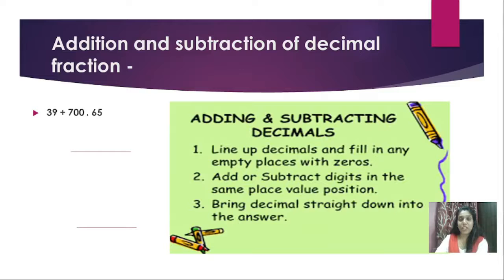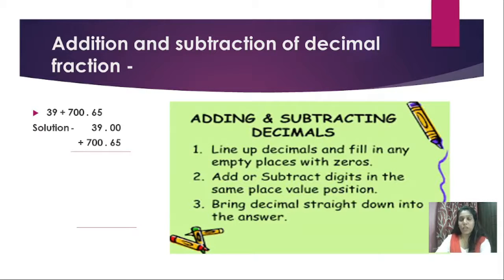Now let us see addition and subtraction of decimal fractions. You have done this also. So let us take the numbers 39 plus 700.65. So 39.00. Now if you read the first point in the image, line up decimals and fill in any empty places with zeros. You know that, correct?